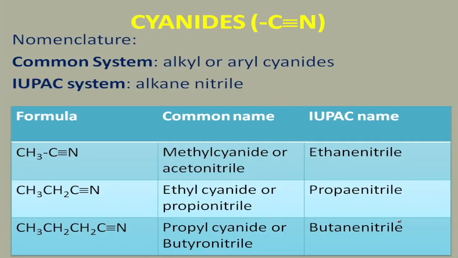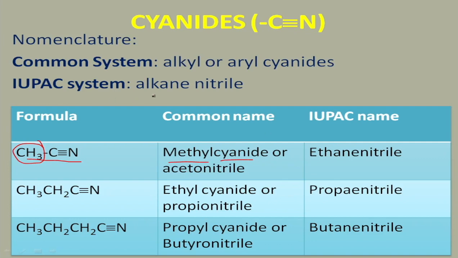Cyanides: the structure is CN. In the common system, they are named alkyl or aryl cyanide. In the IUPAC system, they are alkane nitrile. For example, CH3 C triple bond N: the alkyl group CH3 is methyl, so it is methyl cyanide or acetonitrile.